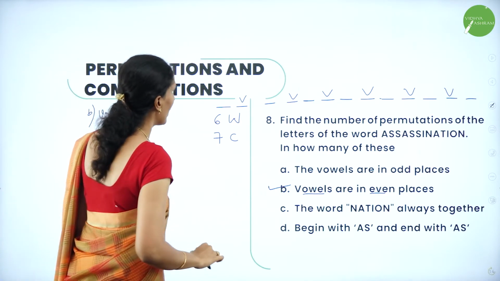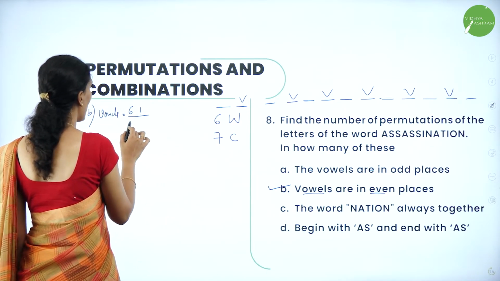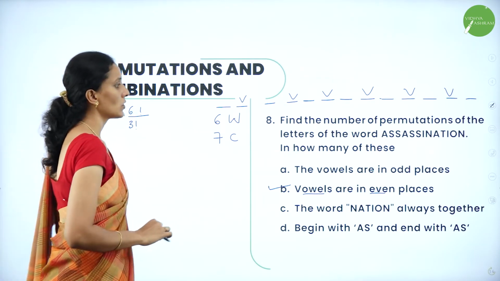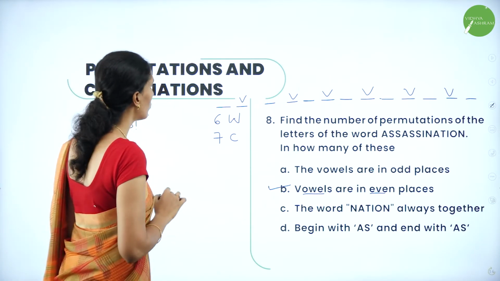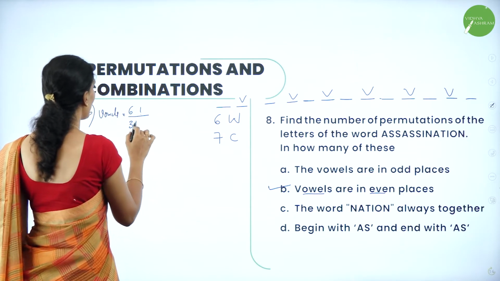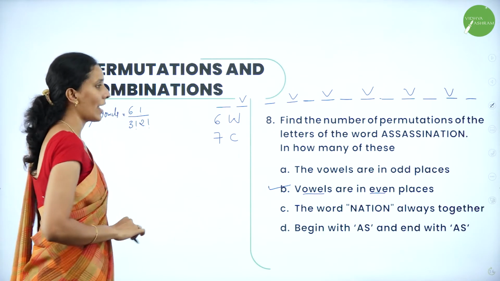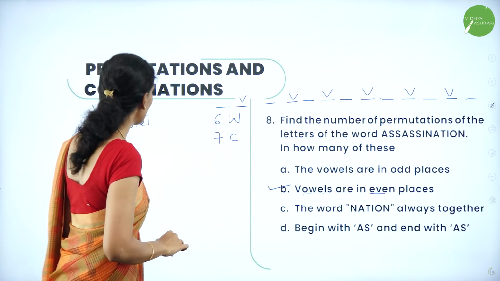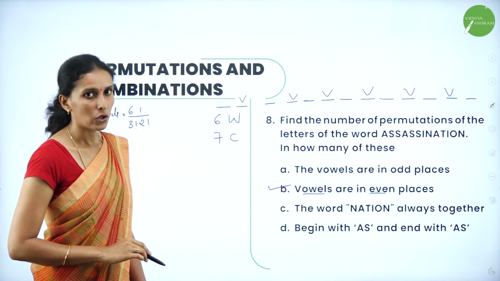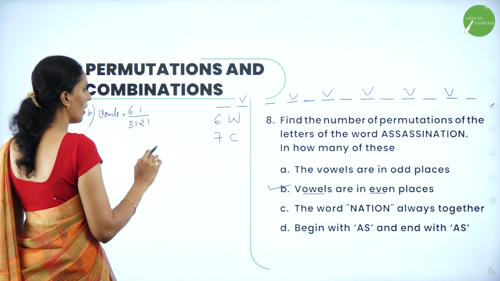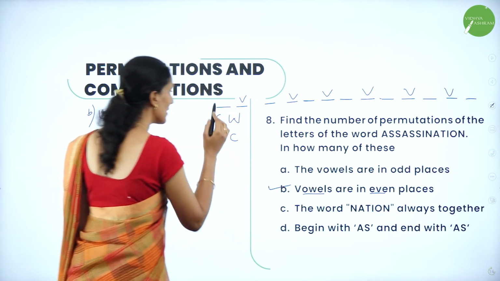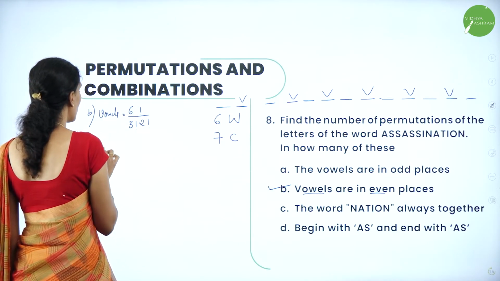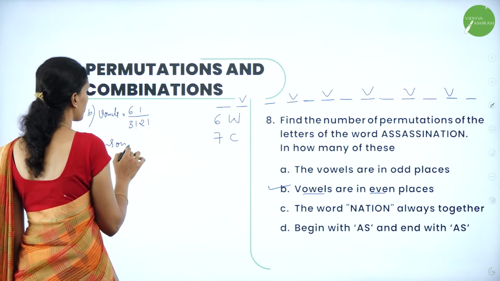But there what happened? A is repeated how many times? 3 times. So therefore you should divide it by 3 factorial, and I is repeated 2 times. So arrangement of vowels will be 6 factorial by 3 factorial into 2 factorial. When vowels are in even places, certainly consonants will be in odd places.